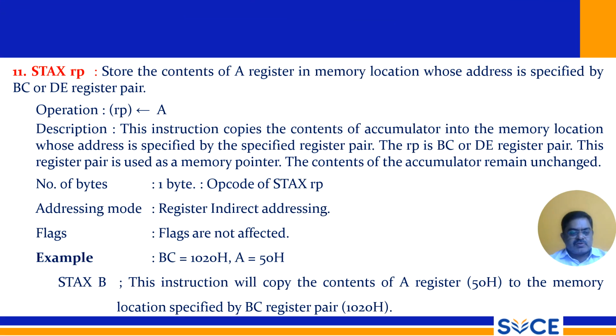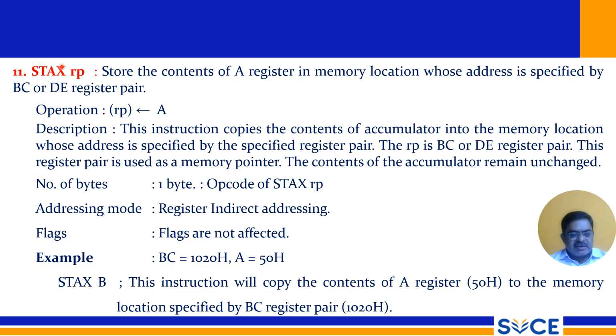STAX RP. It starts with the S letter, students. Now the accumulator contents are stored using the register pair. It stores the contents of the A register in the memory location whose address is specified by the BC or DE register pair.